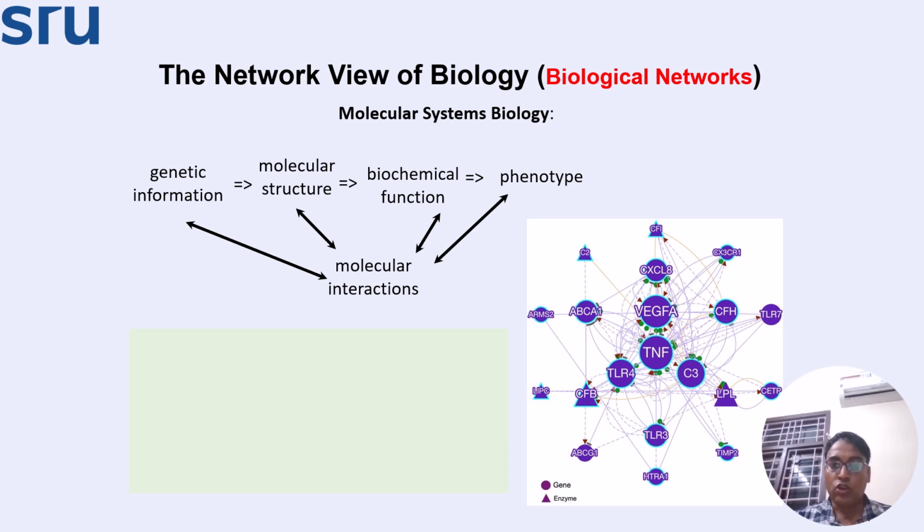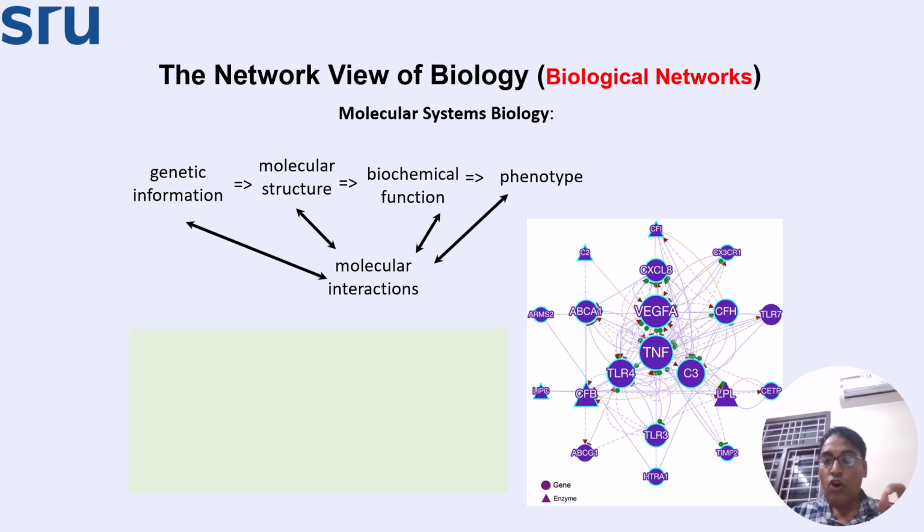Now understand that this part I'm again changing: gene information, molecular structure of protein, biochemical function, gives phenotype. From this initial part, the basis of today's entire lecture, I started this lecture. Now I'm taking this discussion further to molecular interactions.